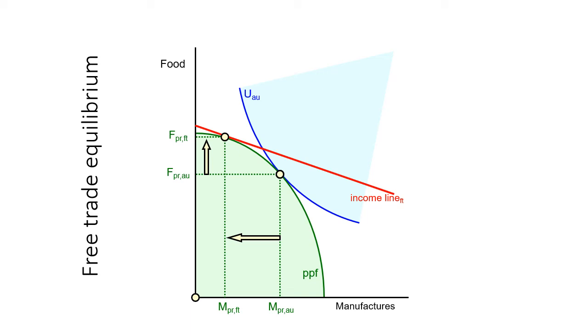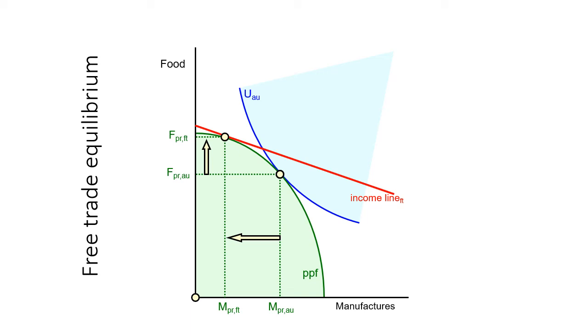Food and manufacturing goods, here represented by FPR AU and MPR AU. That is production. PR stands for production, AU stands for autarky. Right? So we are on the point that was on the right and the left, which is the point of tangency of the green curve and the blue curve, the production curve and the utility curve. That was where we were initially.